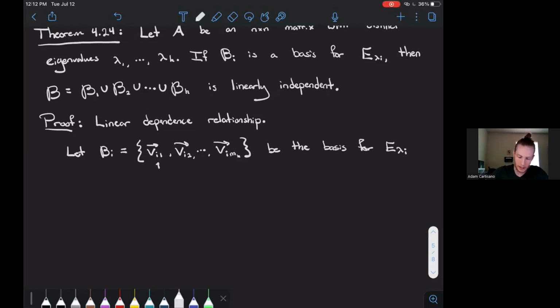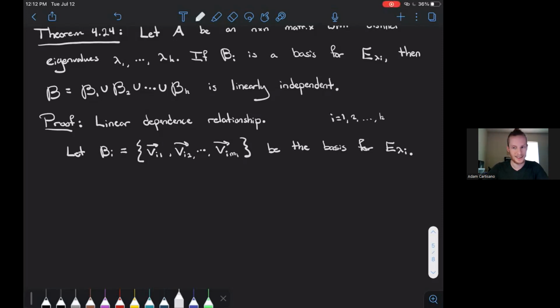The i that I'm using here is just showing that it's corresponding to lambda i, right? And m_i is the different dimensions for different eigenspaces, for i equals 1, 2, all the way up to k. Good, good.